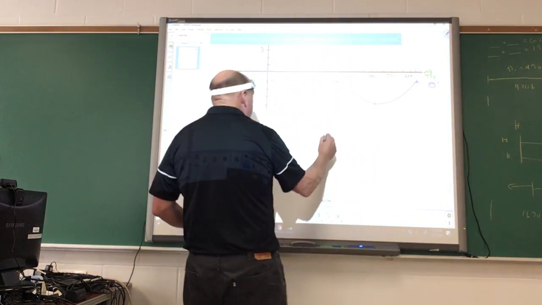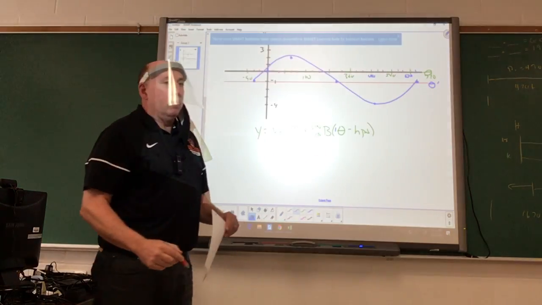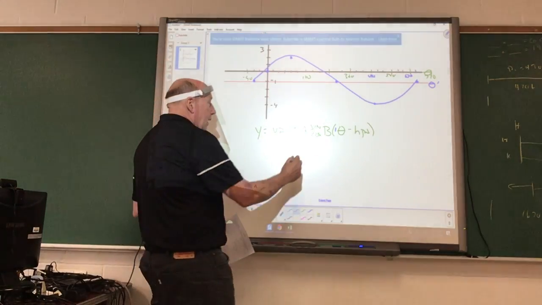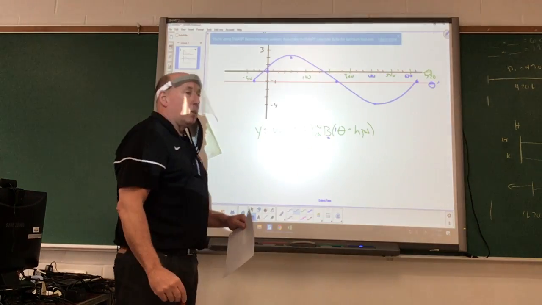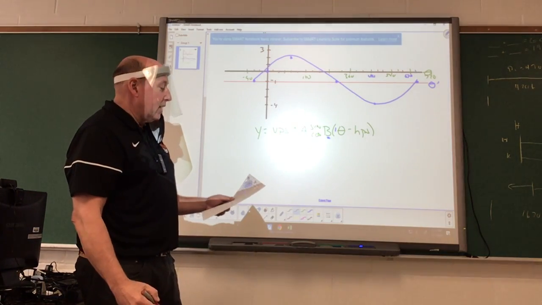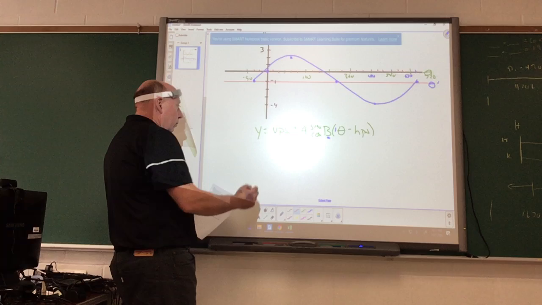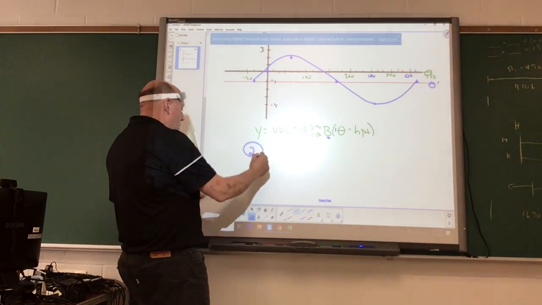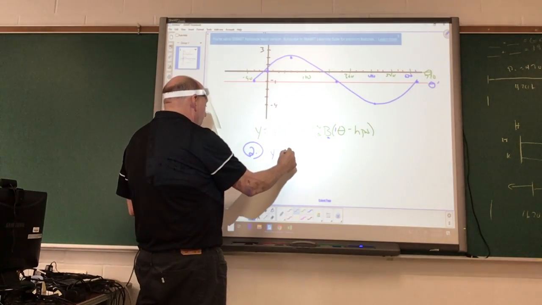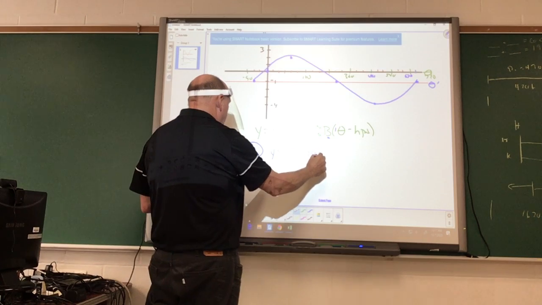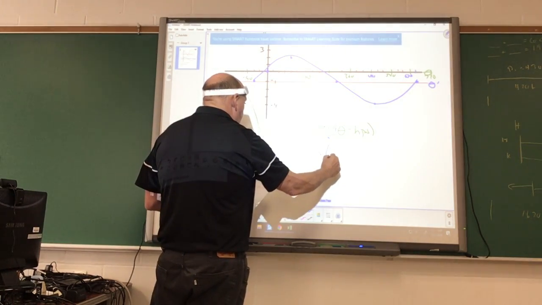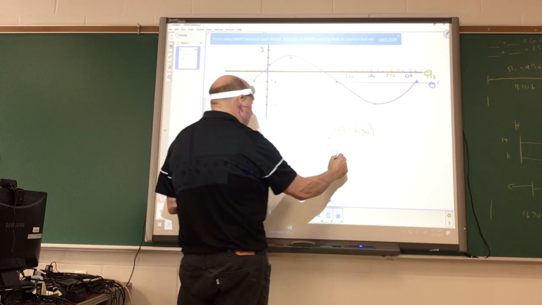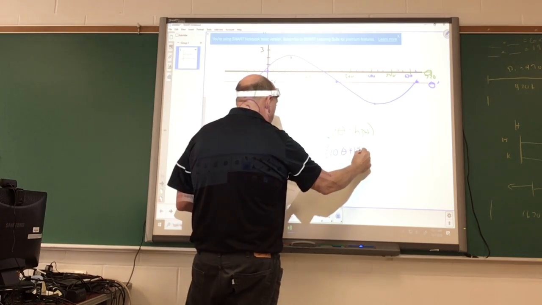The coefficient of theta has to be a value of 1, which means I need a b value on the front. If I take a look at problem number 2, we have y equals -4 minus 2 cosine of (10 theta plus 120).